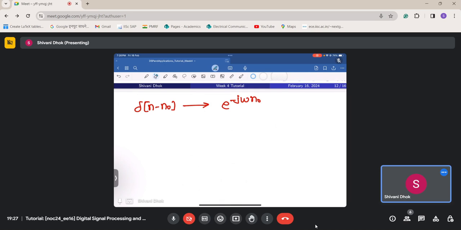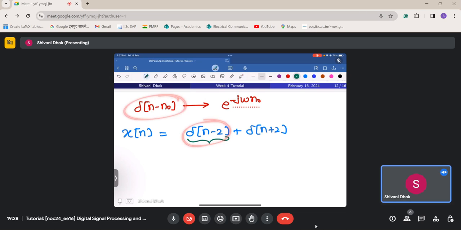Okay. Now what is the x of n we are given? x of n is equal to delta n minus 2 plus delta n plus 2. If we compare this quantity with the general form, we can say that here n naught is equal to 2.